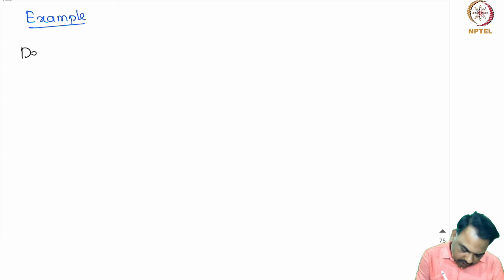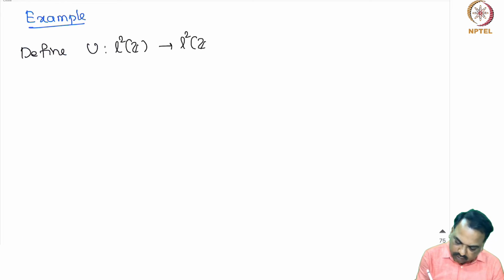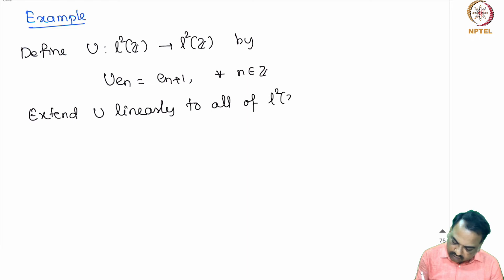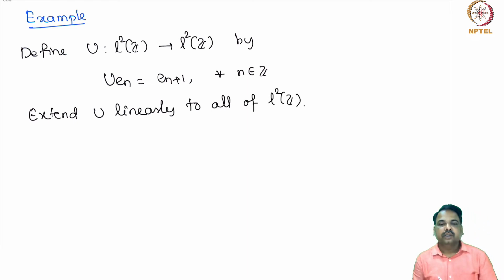Define the bilateral shift: U of En as E(n plus 1) for every n in Z, and extend U linearly to all of L2 of Z. This is the bilateral right shift operator. We know that this is unitary.